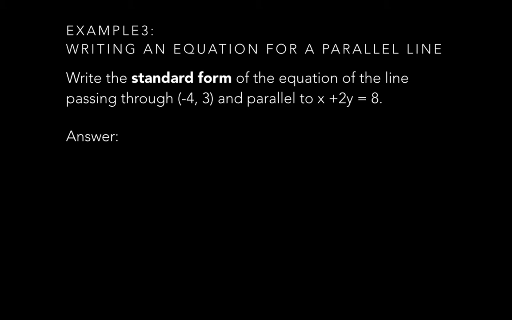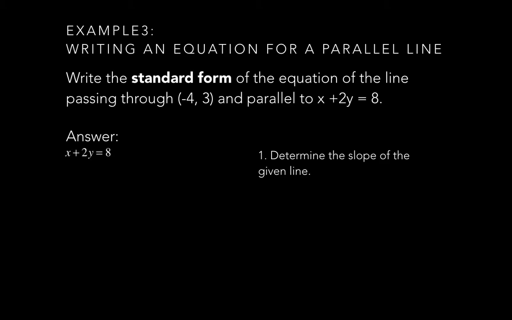So in this third example, we're going to write an equation for a parallel set of lines. And we're going to write this equation in standard form. To get started, we need to know what slope we're working with, because that given equation, it's not just evident.